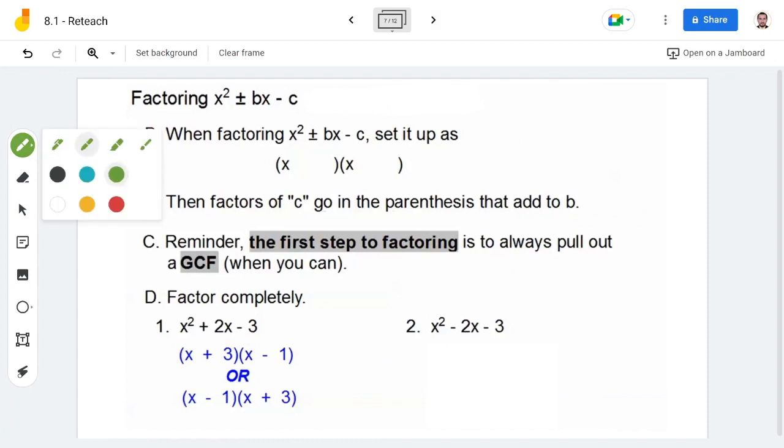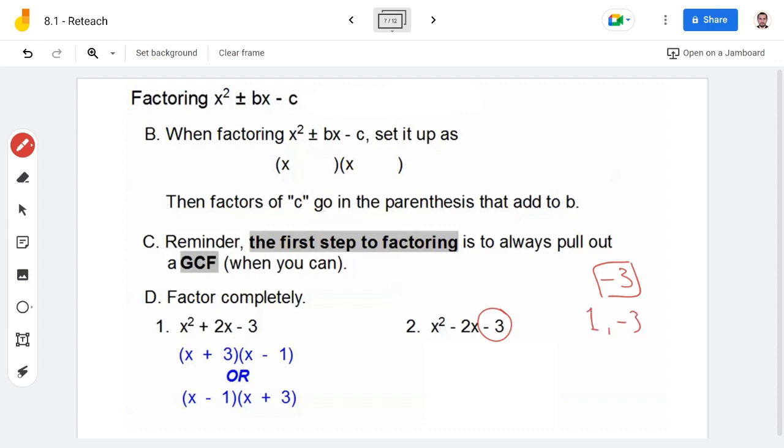Now, how can we factor if we have negative c? The same steps that we did previously, except for the signs. Okay, now look at this. What are the factors of negative 3? We have 1 times negative 3, and we don't have anything else, right? And we also have negative 1 and positive 3.